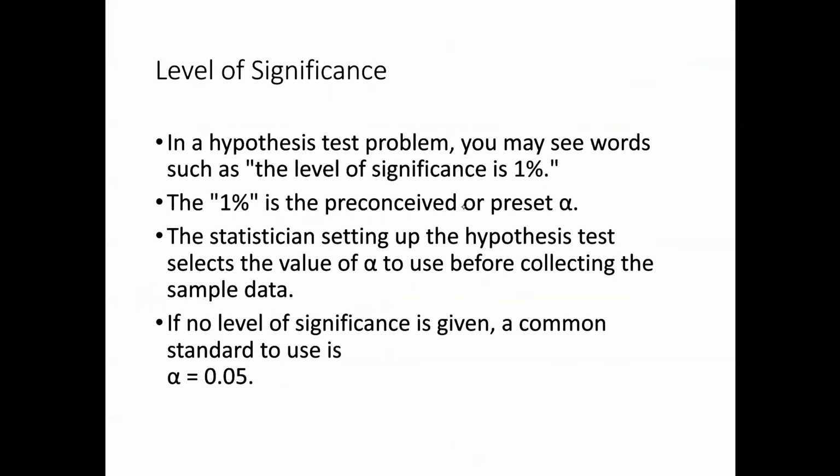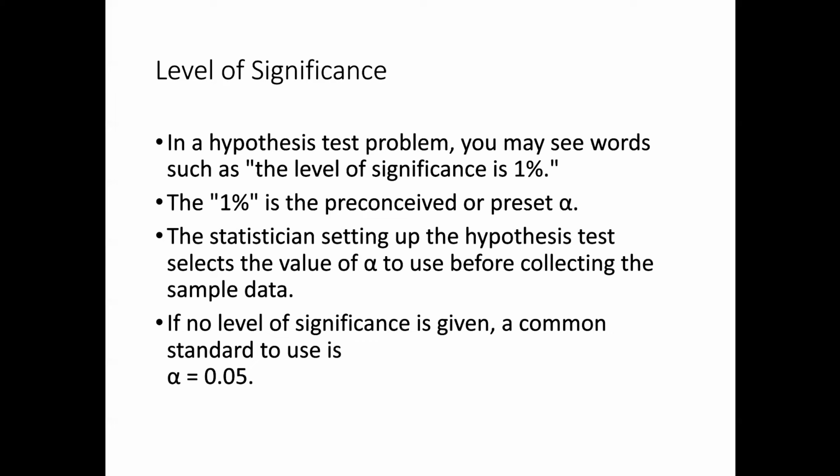All right, let's do some hypothesis testing. In a hypothesis test problem, you may see words such as the level of significance is 1%. That 1% is your preconceived preset alpha. So that is the level of significance you choose. And it depends on how serious a type 1 error is to you.